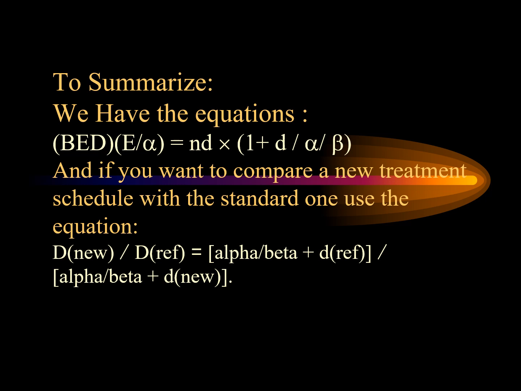Write down with me: capital D nu over capital D ref equals alpha beta ratio plus small d ref, which is 2 gray, over alpha beta ratio plus small d nu. Back to the equation that we previously wrote down, now let's analyze what we have.